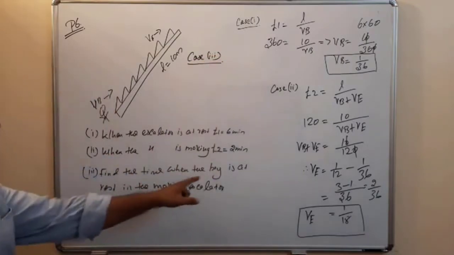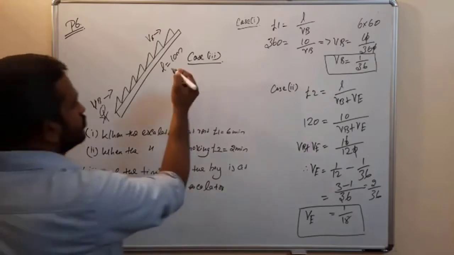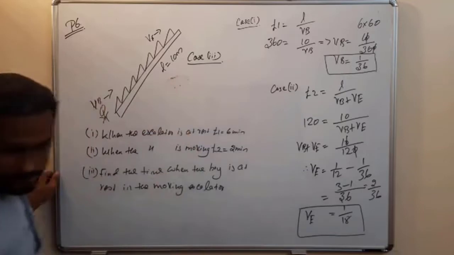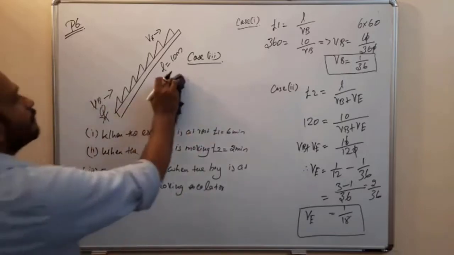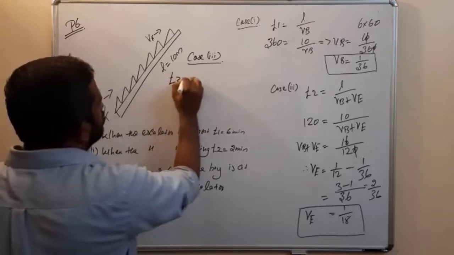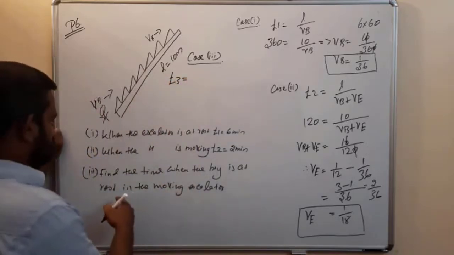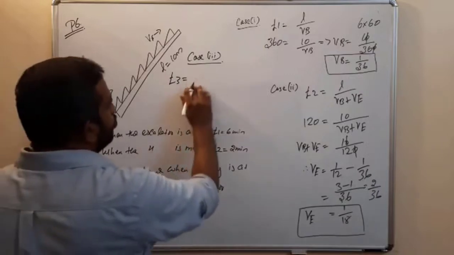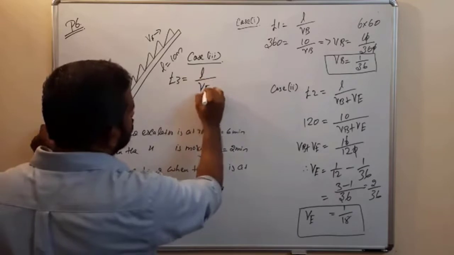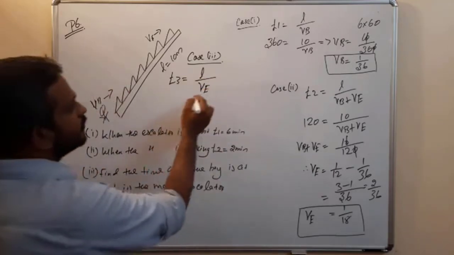So third case, case 3. Find the time when the boy is at rest in the moving escalator. So T3 is equal to L by VE. The escalator is moving and the boy is at rest, so T3 is equal to L by VE.